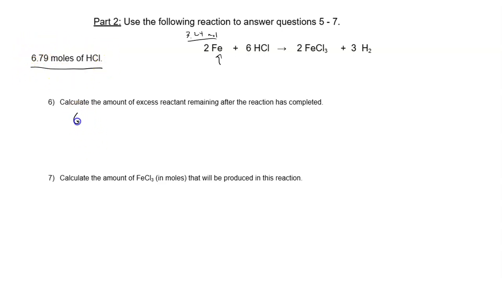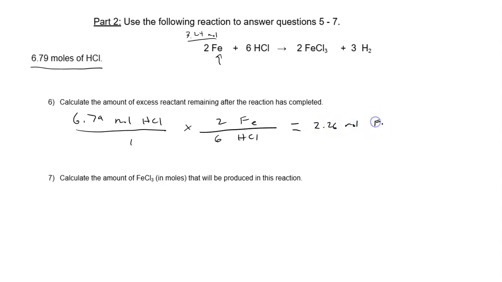So we're going to go 6.79 moles HCl over 1 times 2 Fe for every 6 HCl. All right. And when I do that, I get 2.26 moles of iron. Okay, now that's how much is used.